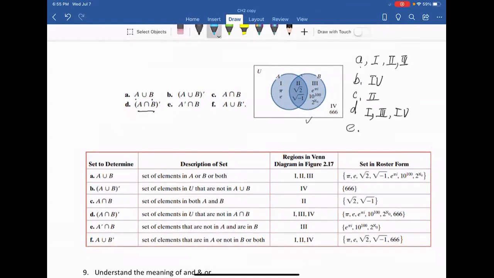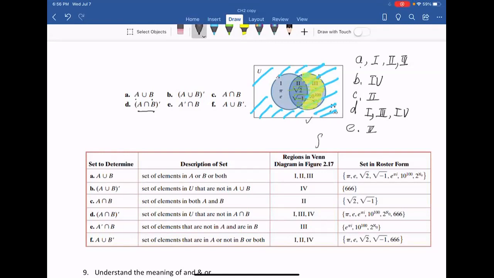First I just shade the complement of area A with blue. This is the complement of A, and use green to find B. So find the intersection. This is B, and this part is the intersection. That means only the part 3.